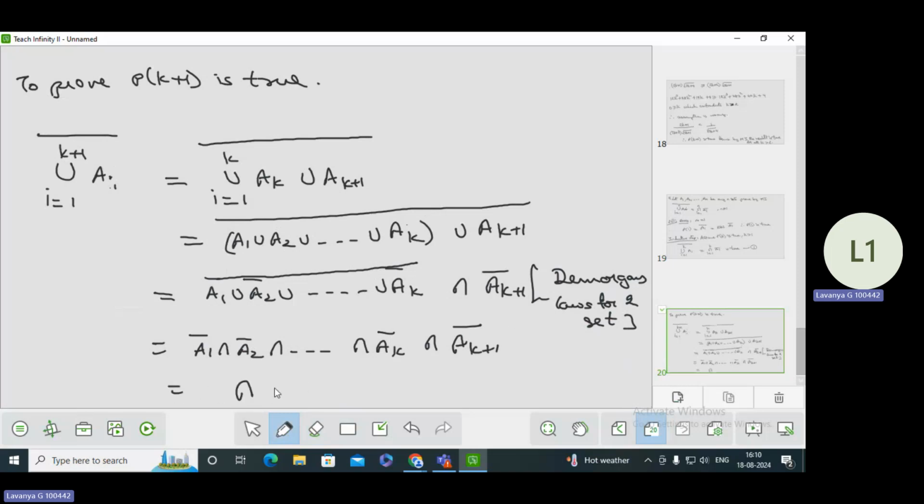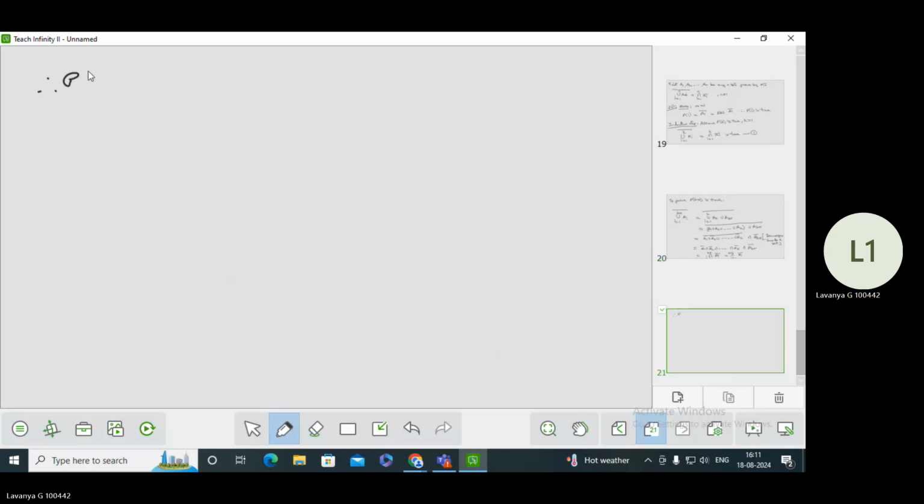This, in other words, is the intersection of Ai bar, i running from 1 to k plus 1. So this intersection, i equals 1 to k plus 1, of Ai bar is what we have to show. Therefore, P of k plus 1 is true.